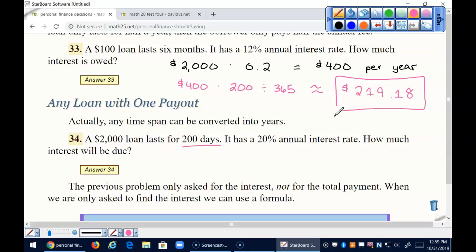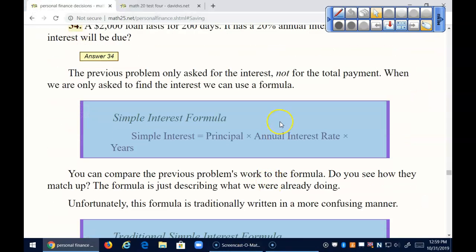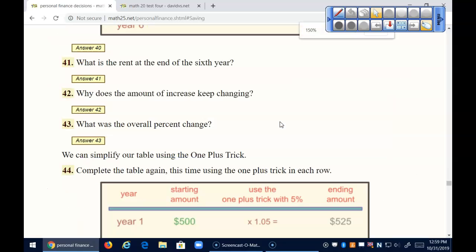So if you notice, we're multiplying. First, we're multiplying the principal and the rate. That gets us our annual fee. And then we're multiplying by more years or part of a year or whatever the time is. So all that multiplying we can write as a formula. This isn't some formula that really came out of a pattern the way the BMR and DCI did.